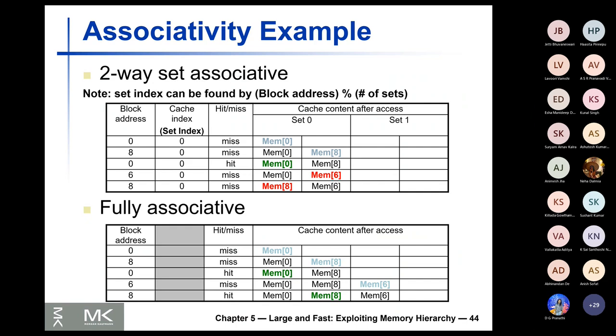When a decision has to be taken that among the multiple entries in a single set, which one has to be replaced, the cache follows a least recently used principle. A least recently used principle says do not touch the cache block which has been accessed recently.